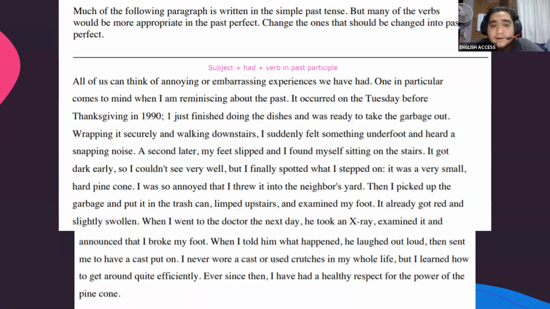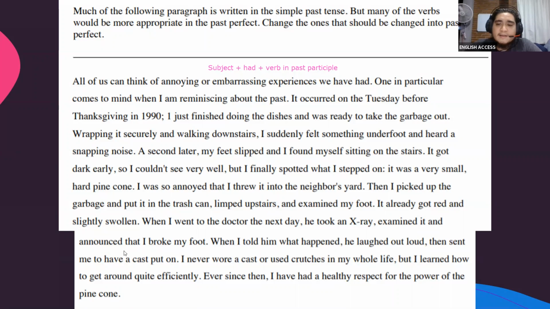What happened before he went to the doctor and he took an X-ray and examined it? What happened before that? Had broken. I had broken my foot.